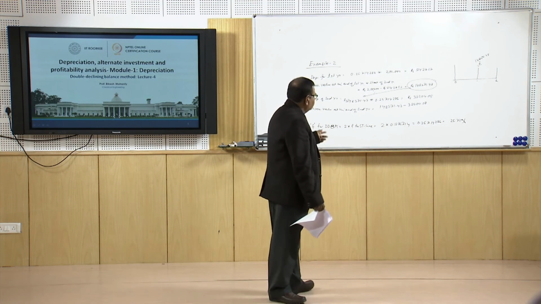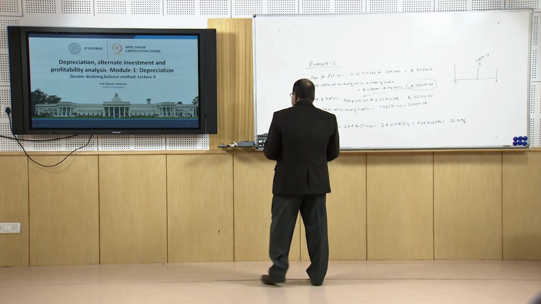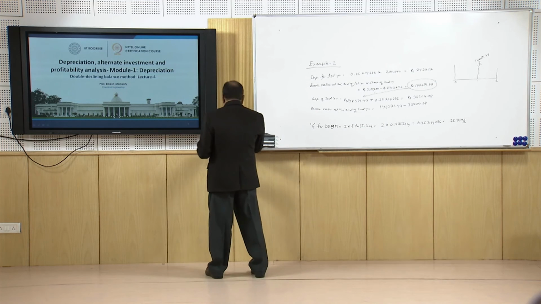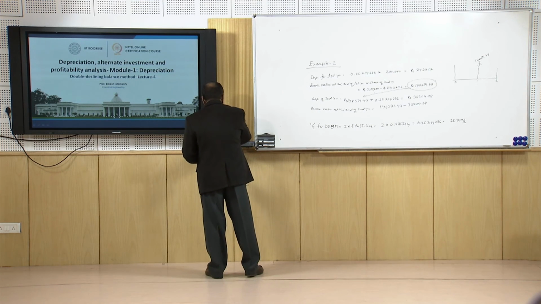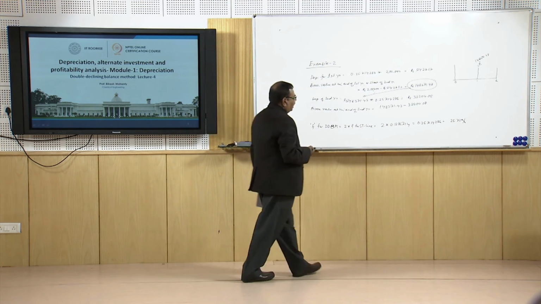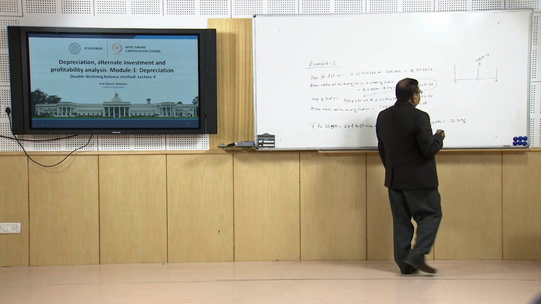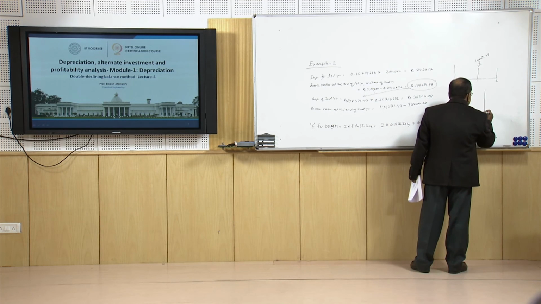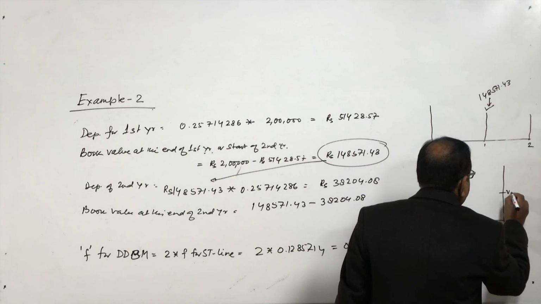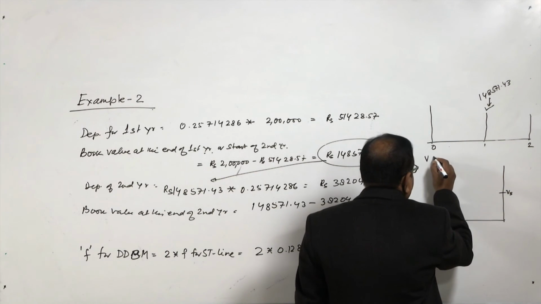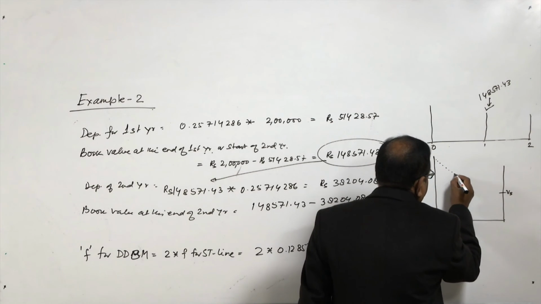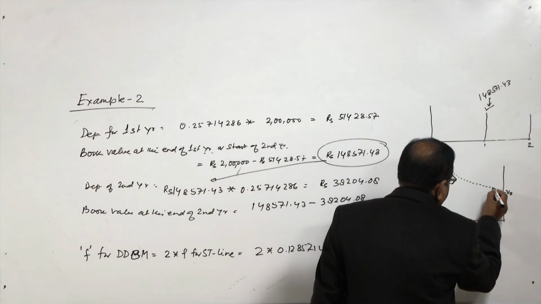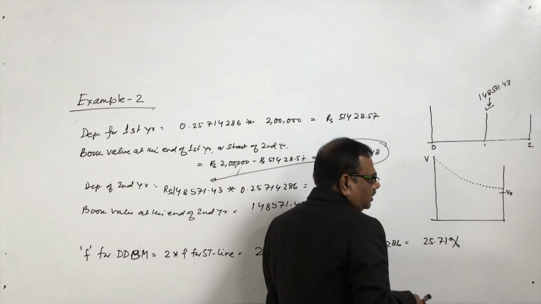In this also we will see that the depreciation in the last year has to be computed based on the salvage value, because here we also find that from the starting V it will not reach Vs, it will reach something here.